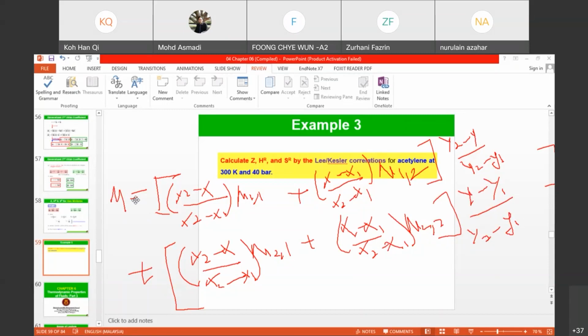Question F2 or G2. Can you give me the answer? Okay. Z naught 0.6825. Okay, Z prime 0.0978.